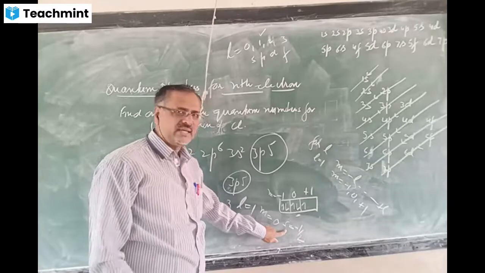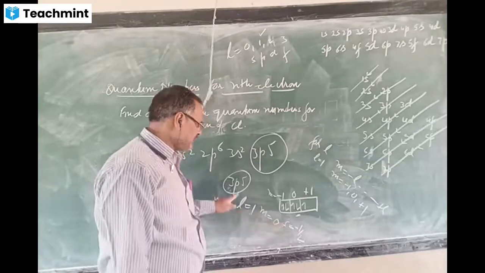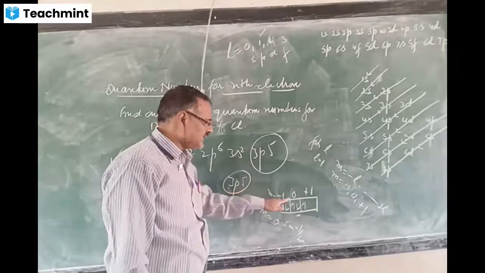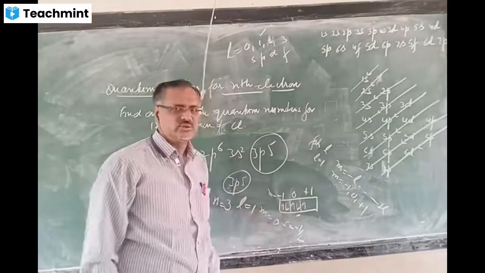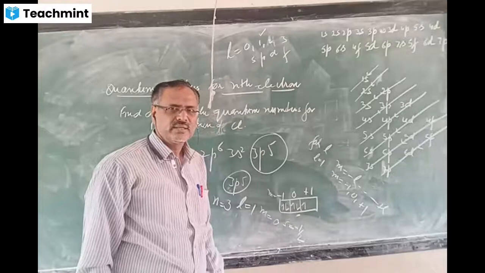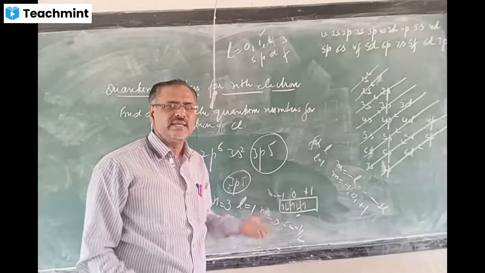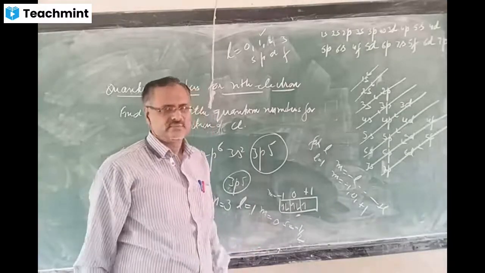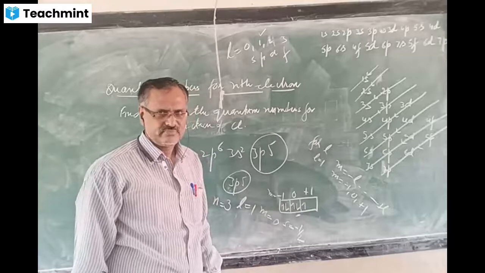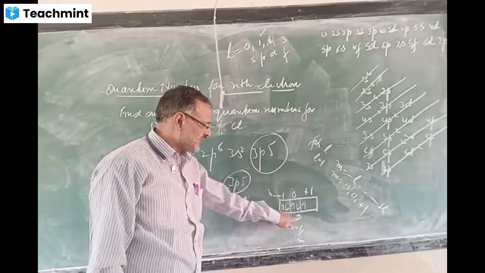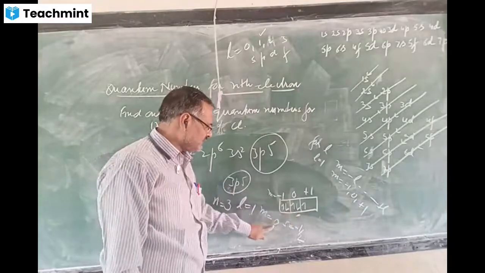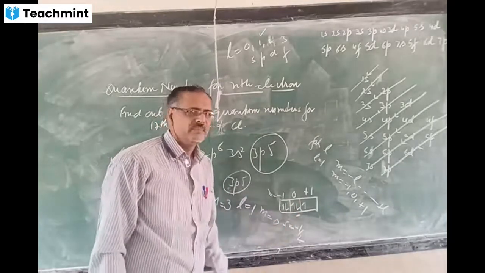Yes, you can take any, but where the fifth electron is coming, according to the orbital you will show here. And suppose if you write any, then how can you differentiate? So as per this calculation, here you are getting m is equal to 0 and s is equal to minus half.